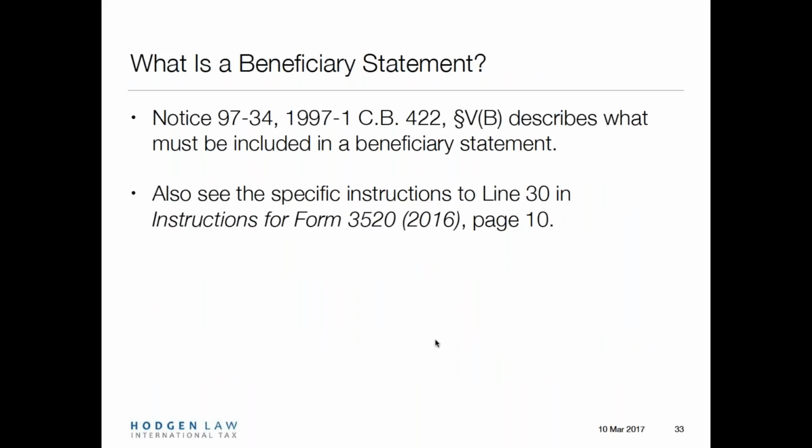What is a beneficiary statement? I alluded to this earlier. I'm not going to go through the details because there are a lot of details, but the two places for you to look to figure out what I must include in a beneficiary statement, if you're doing the work for the trustee, let's say, are Notice 97-34 and the instructions to Form 3520.